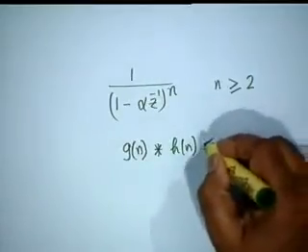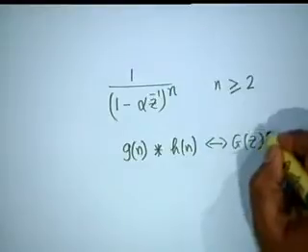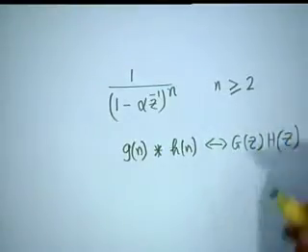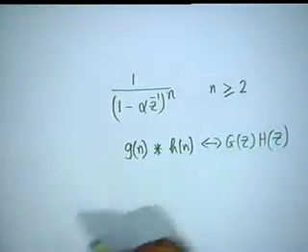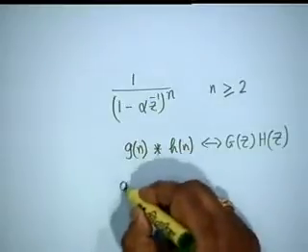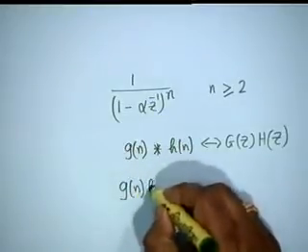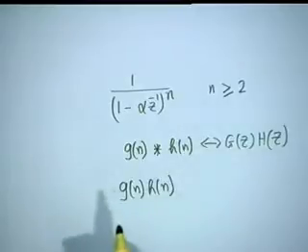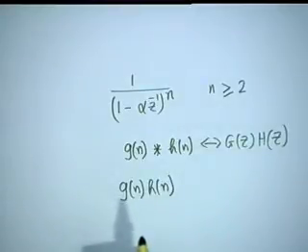the z transform of this is simply the product of G of z and H of z. Then we discussed modulation, that is, g n times h n. What is the z transform of this?